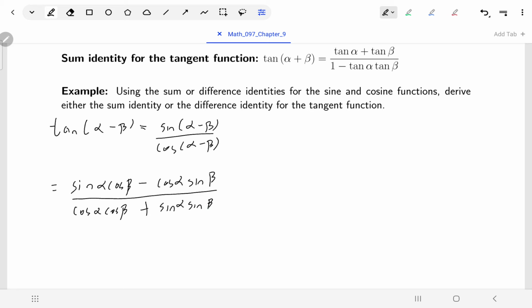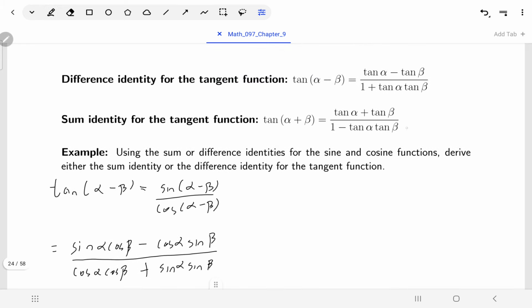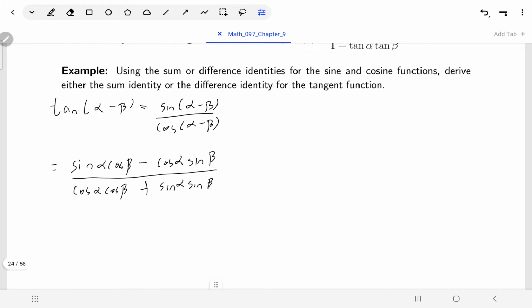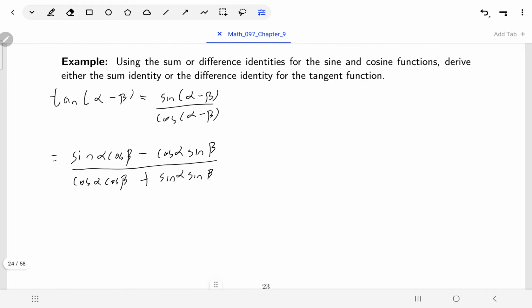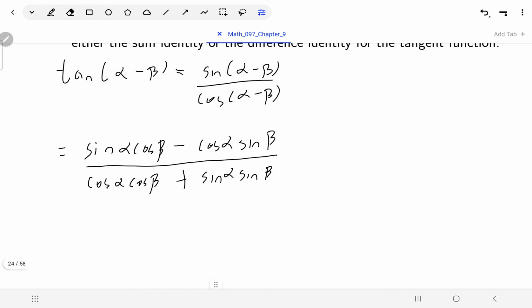Okay, so this is lovely. It's a bunch of sines and cosines, but if you've taken a look at the formulas that we had above, you can see that they're all in terms of tangents, not sines and cosines. So of course, I know that sine divided by cosine gives me tangents. So if I'm thinking about this sine alpha cos beta minus cos alpha sine beta, how am I going to get some tangents out of there?